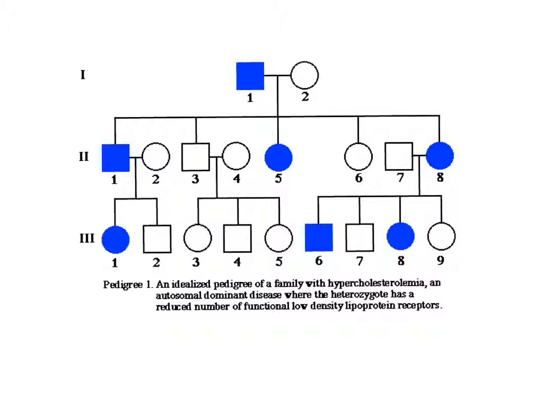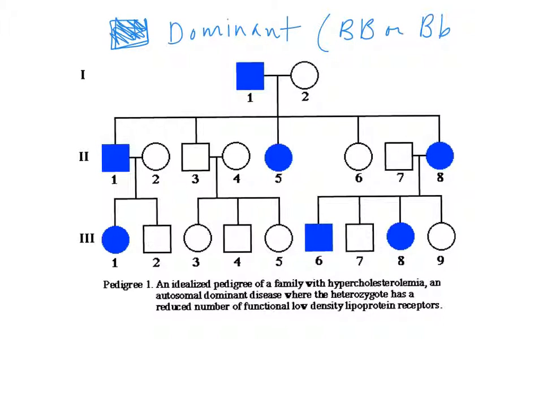So that means all the individuals that have the shading are going to be dominant. And that means that they're going to be big B, or big B, little b for their genotype. All the unshaded are going to be recessive, which means they're going to be little b for their trait.